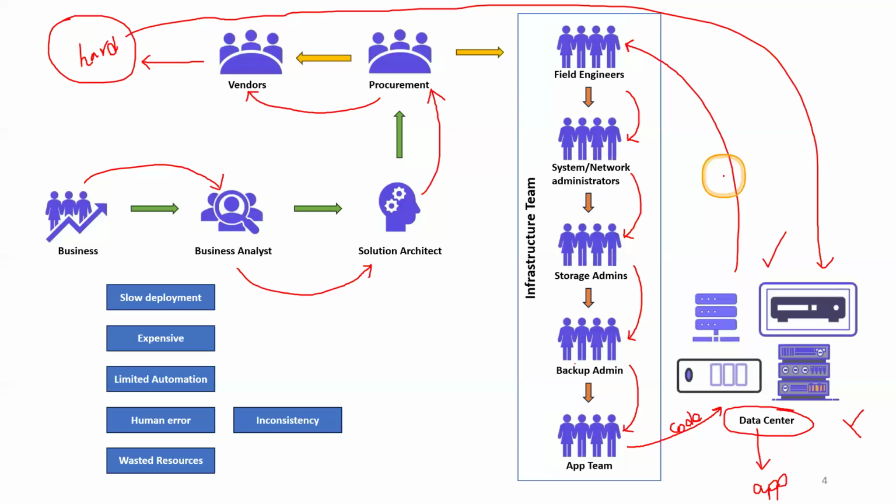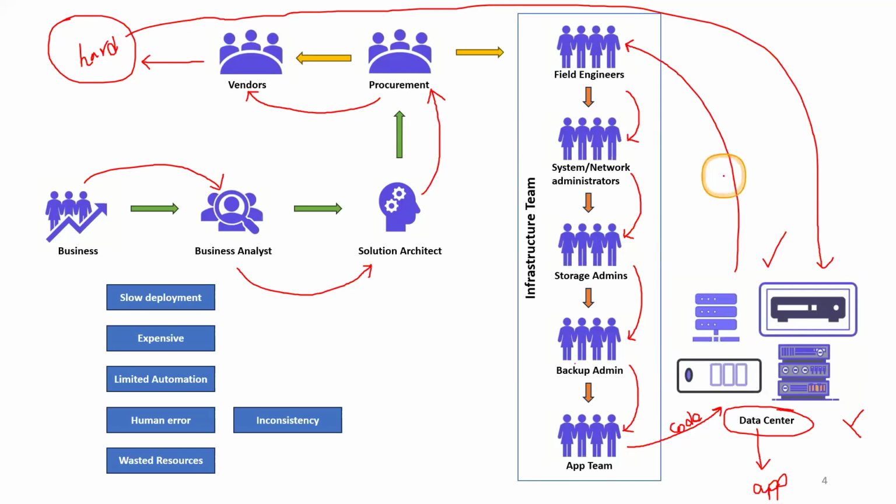So you have a slow deployment model, and it is expensive with limited automation. Human error is there, inconsistency in the environment, and wasted resources are also there. Due to these many disadvantages over the past decades, organizations are looking towards one more environment or working culture.